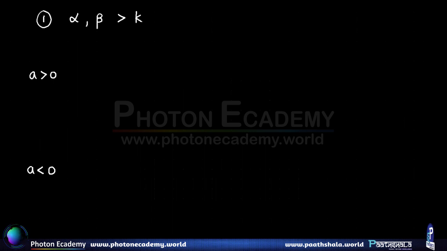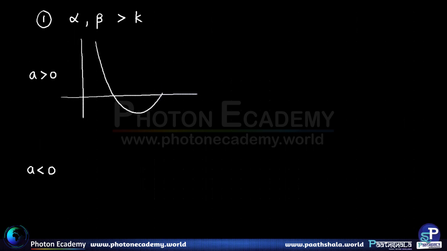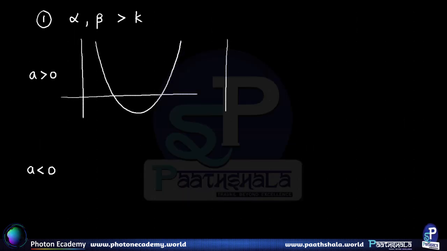Now we know that when a is greater than 0, the graph is going to open upwards, the parabolic shape is going to open upwards, and we can get either this particular case or we can get this particular case depending on whether delta is positive or delta is 0.